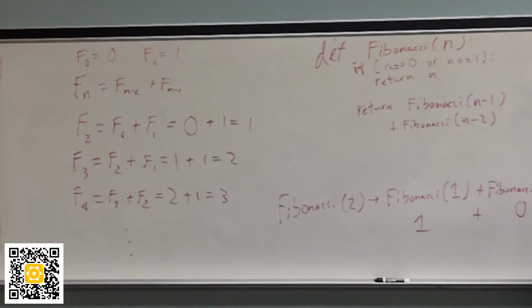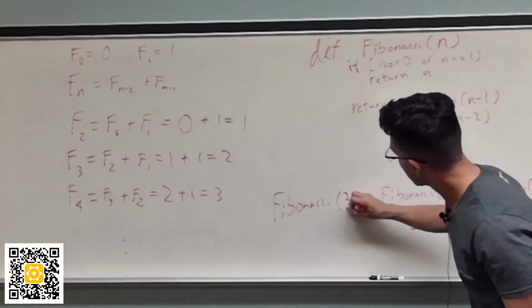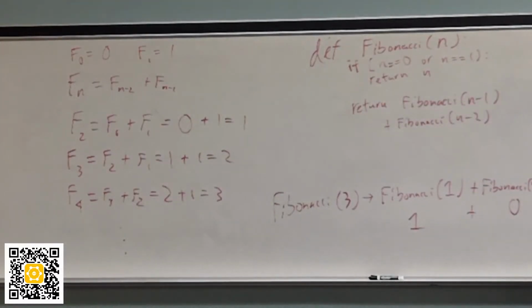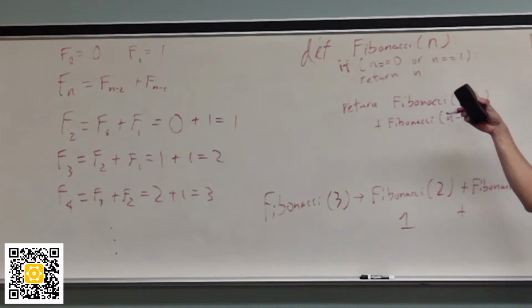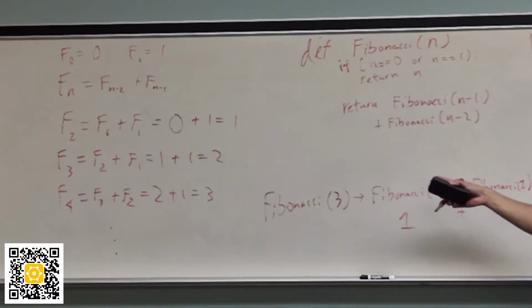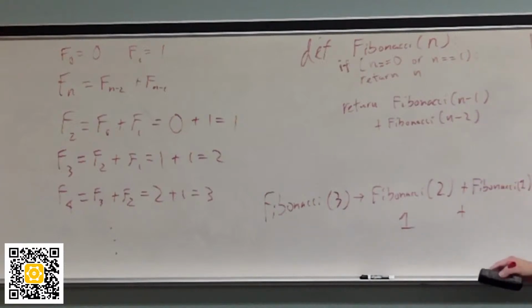Okay? So now what if I put 3 instead? Well, these numbers obviously change: 2 and 1, and 2 is 0 and 1. But did I say in this function that fib of 2 is actually 1? Does the function know that? No, it does not know. So it's going to call itself again.